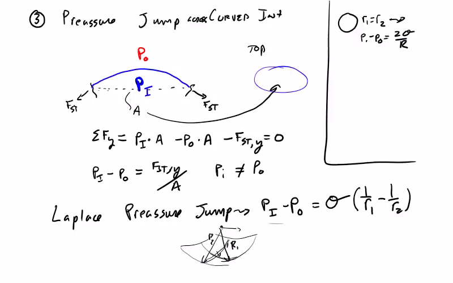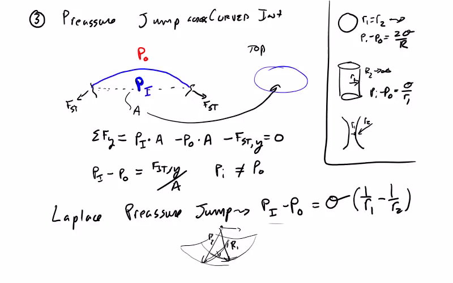And that's that. If I have, say, a cylinder, then this is R1, and R2 is infinite because it's a flat surface. And so Pi minus P0 is simply sigma over R1. And if I had a much more complicated shape, something that looked like this, maybe right here this is R1, and out here this is R2.